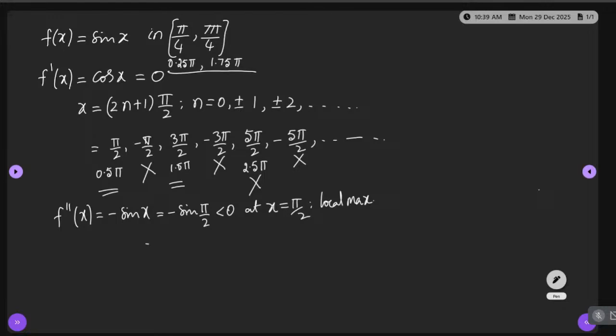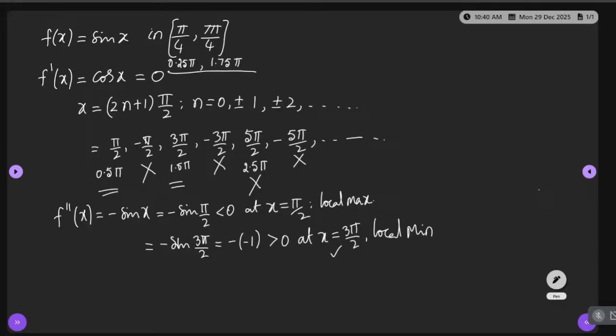And this is equal to minus sin 3 pi by 2. What is sin 3 pi by 2? Sin 3 pi by 2 is minus 1, so minus of minus 1 is positive at x equals 3 pi by 2. So you are getting local minima. How many locations are there?